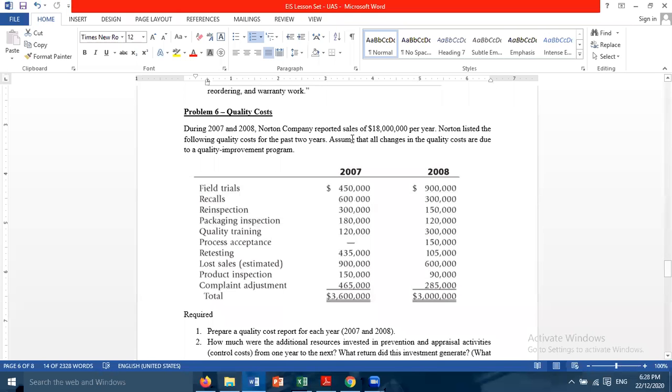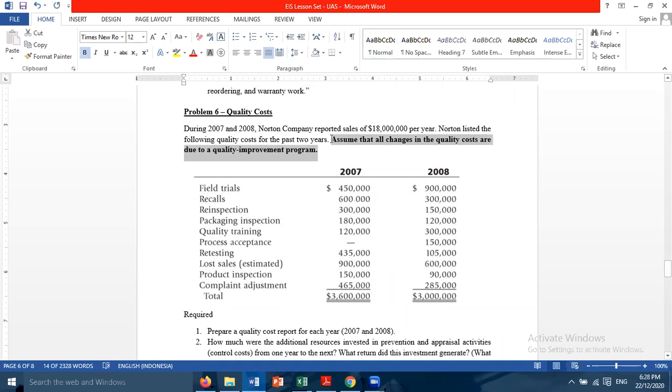All right, since we've heard about that, let's go straight to the problem itself. Problem 6, costs. During 2007 and 2008, Norton Company reported sales of 18 million per year. Norton listed the following quality costs for the past 2 years. Assume that all changes in the quality cost are due to a quality improvement program.